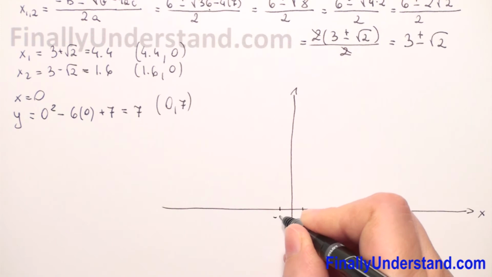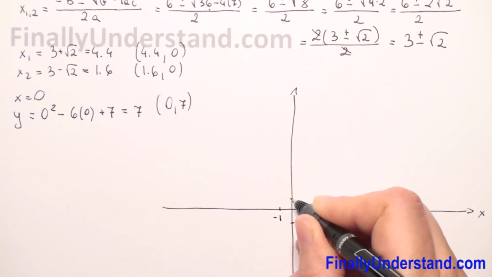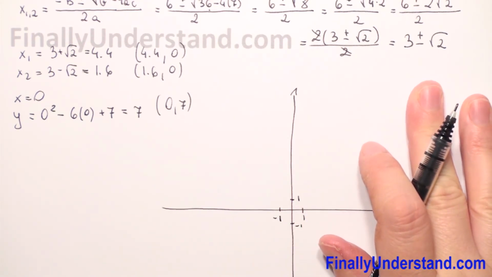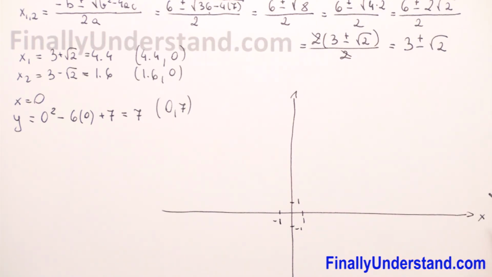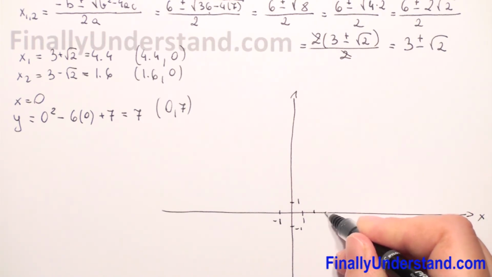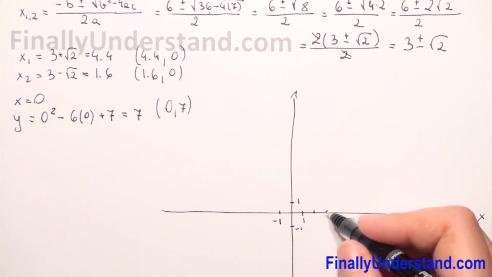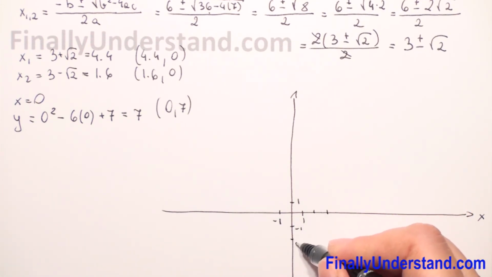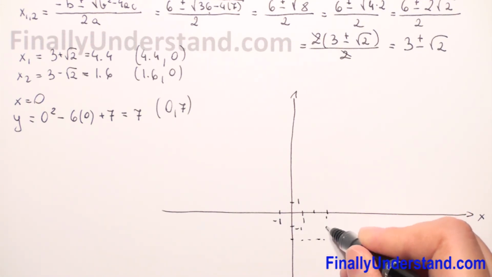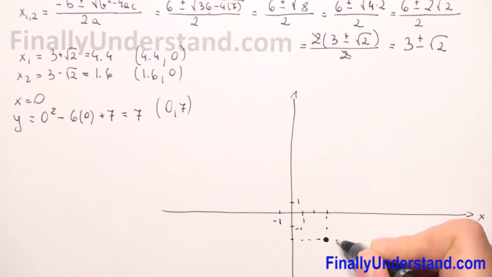We have the point 3, -2: 3 on the x-axis, so it will be 1, 2, 3, and on the y-axis -2, so approximately it will be here. This is our vertex, with coordinates 3, -2.